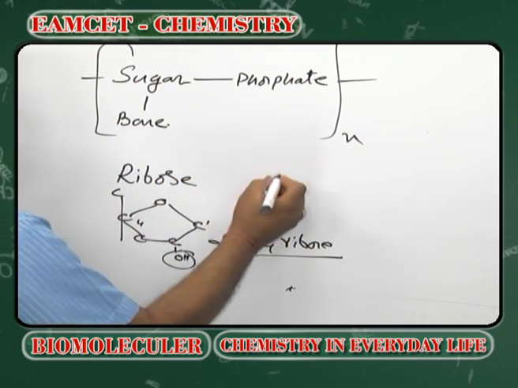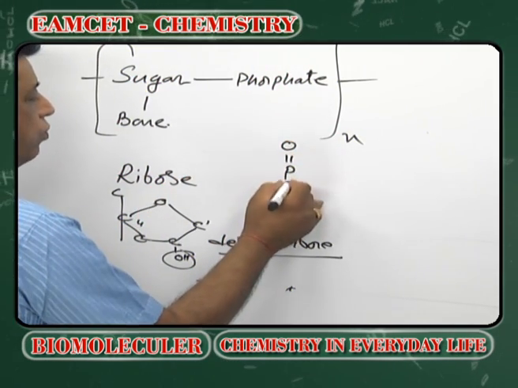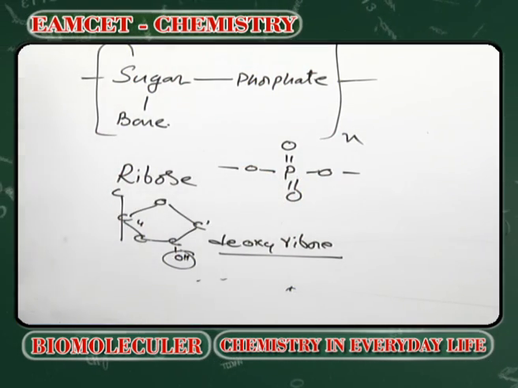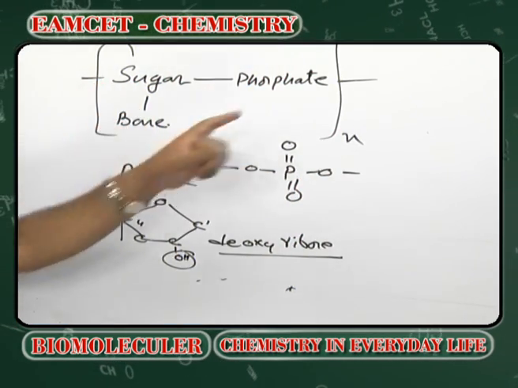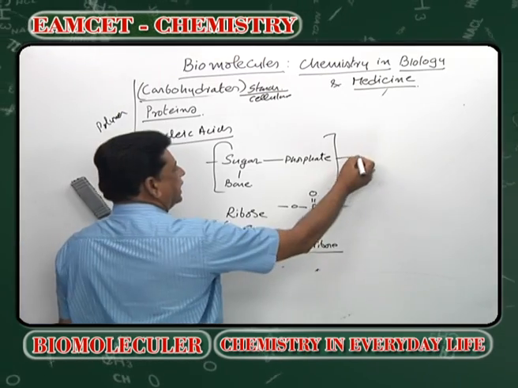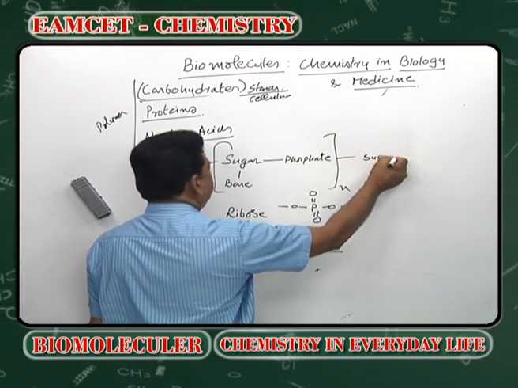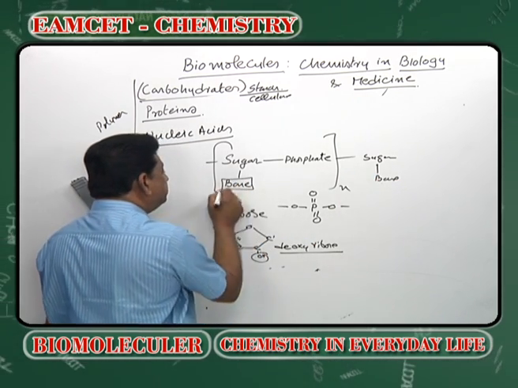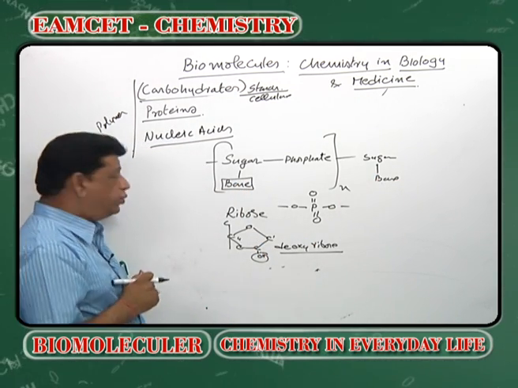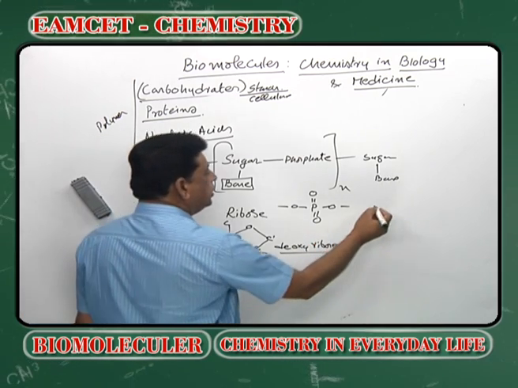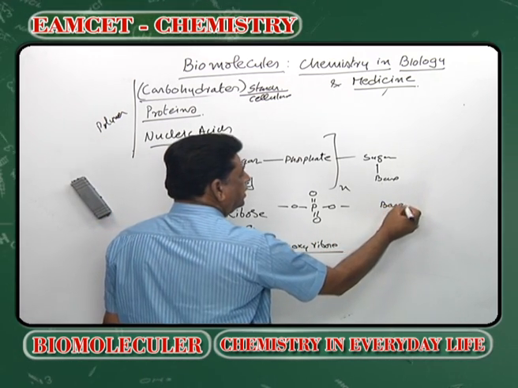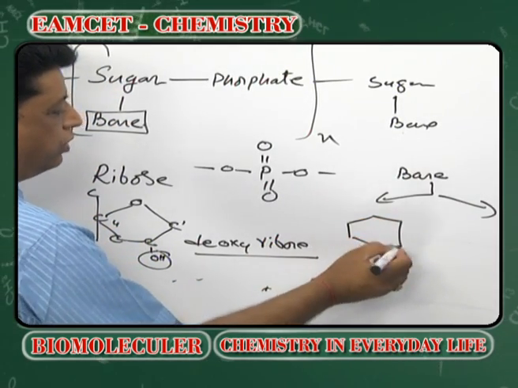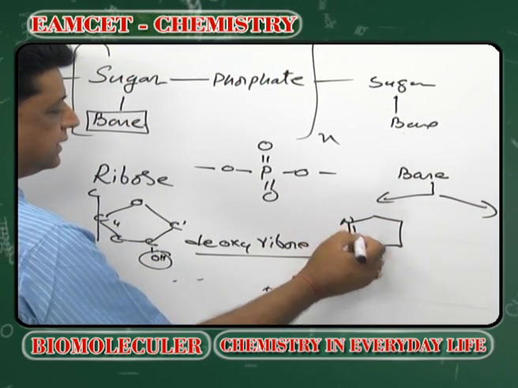What is phosphate? Phosphate is nothing but a PO4 unit. This is linked to the sugar, which is linked to another sugar, continuously, and that will have a base. What is this base? There are 2 types of bases. The bases can contain a 6-membered ring with 2 nitrogens like this.